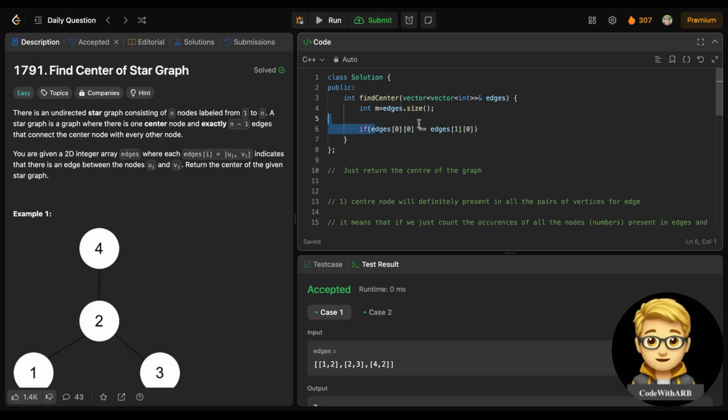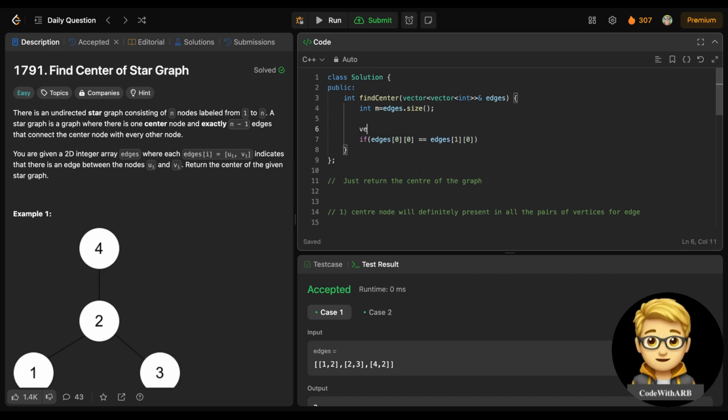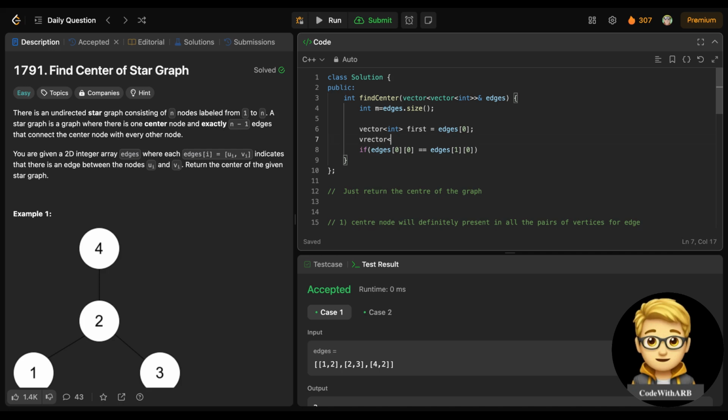It represents the first and the second edge. This is a vector, and this is edges 0, just to show you for an easy purpose. And this is edges 1, right? So this is the first and this is the second.